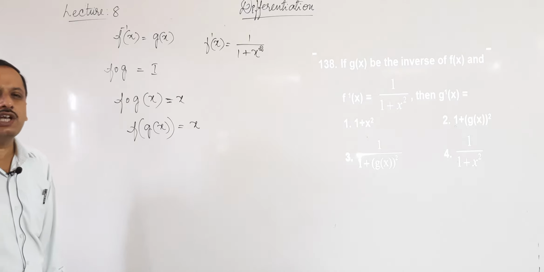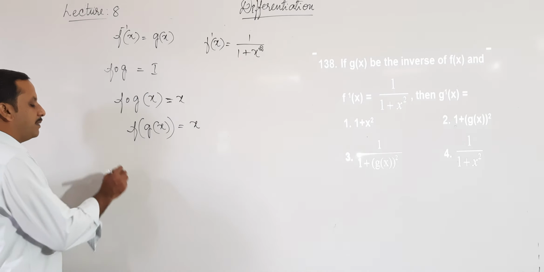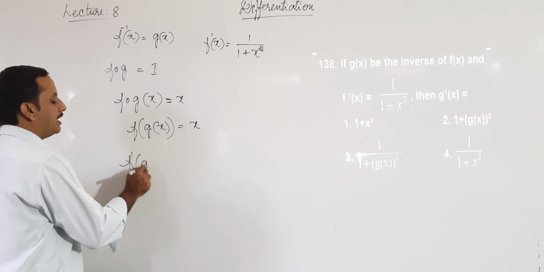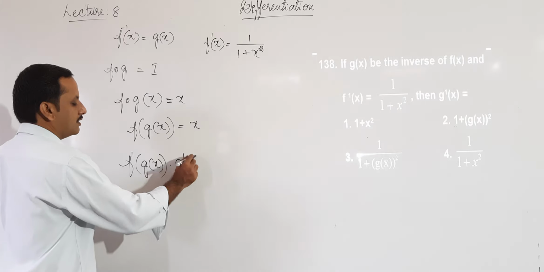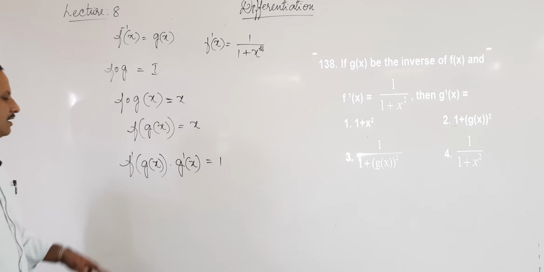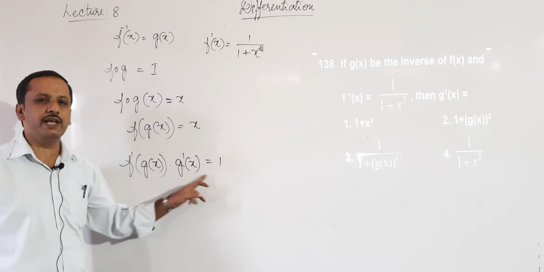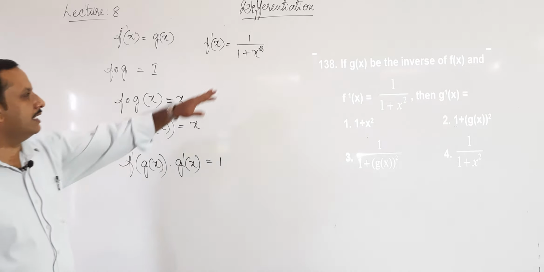Now let us differentiate this with respect to x. Differentiating this function with respect to x, we get f dash of g of x into g dash of x, okay, is equal to 1. The derivative of x is 1. F dash of g of x into g dash of x equal to 1. Okay, look at this.